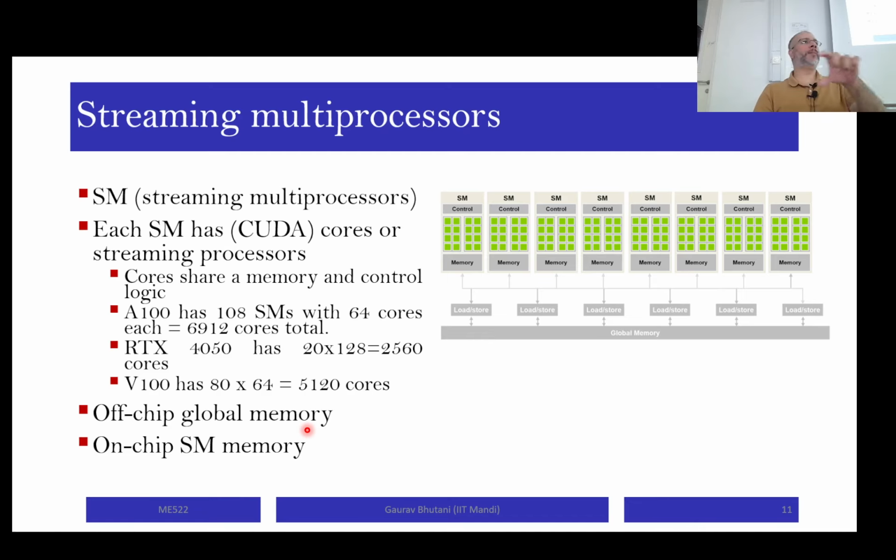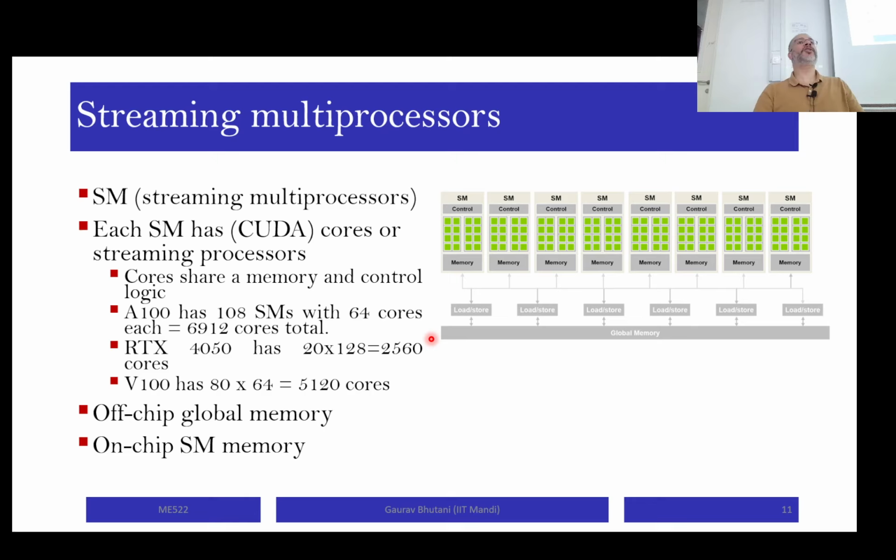And when we talk about memory, although we will talk more about it in the next lecture, you can see that there is something called on-chip memory, which is on the compute chip. This is basically the memory available on the streaming multiprocessors. And there is off-chip memory, which is the memory you see here.